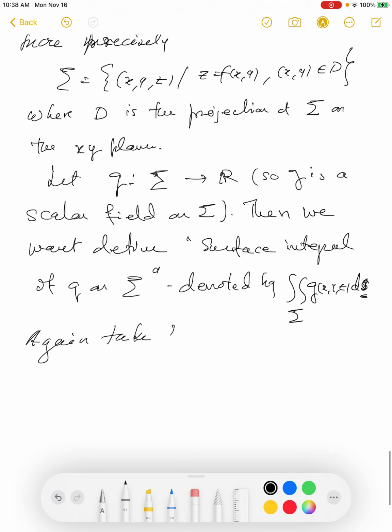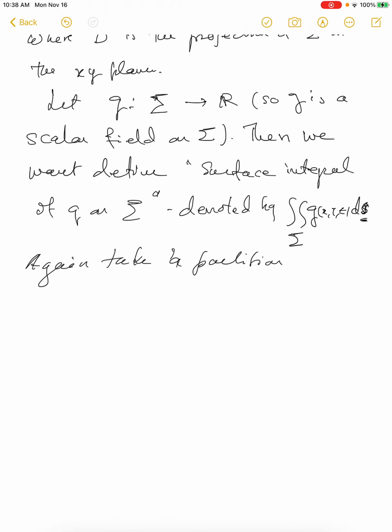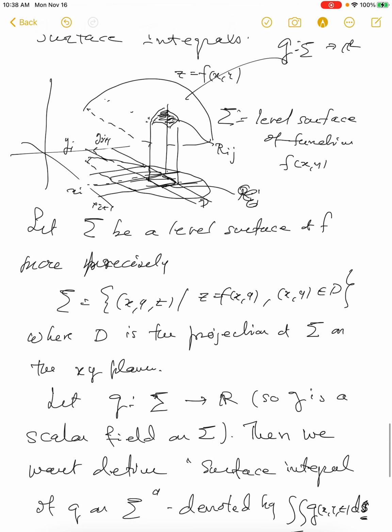Again, take a partition P, which is going to be a equal to x0 less than x1 up to xn, which is b, cross c equal to y0 less than y1 up to ym equal to d. So these are my a and b, and that's going to be my partition for the y extent c and d.